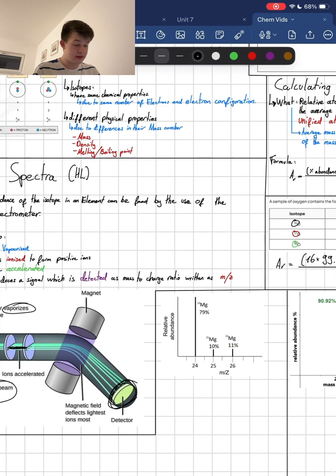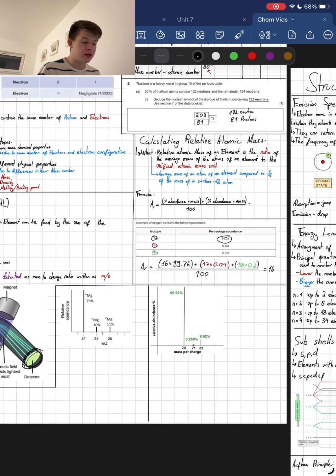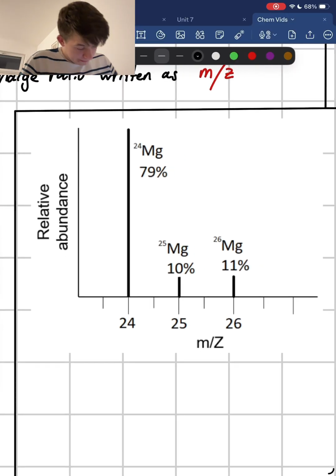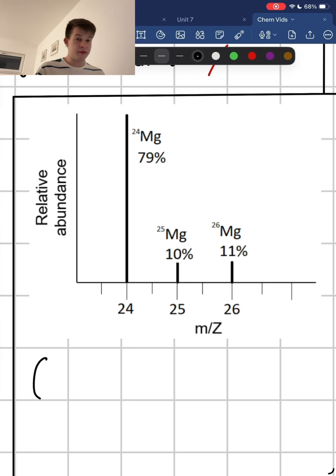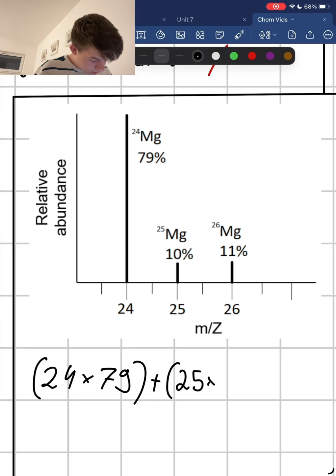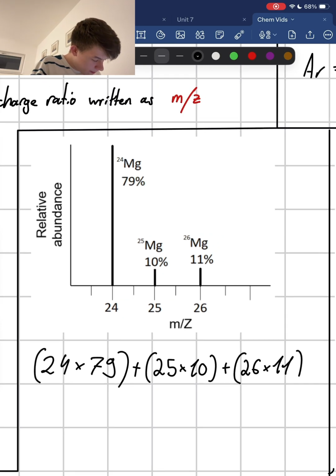Okay, so this is how the graph will look, and what we do with this is literally the same thing we did before on how to calculate the relative atomic mass. I'll give you a couple of seconds. We will do 24 times 79 plus 25 times 10 plus 26 times 11 over 100.